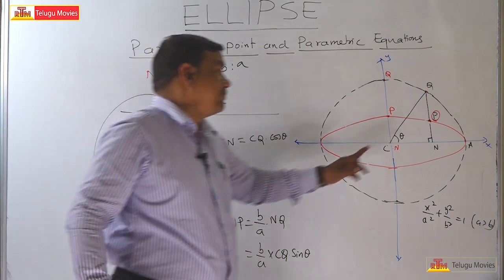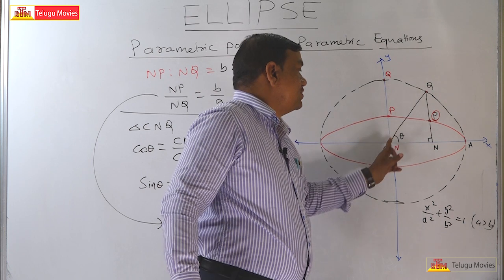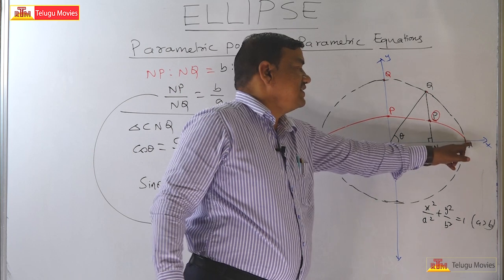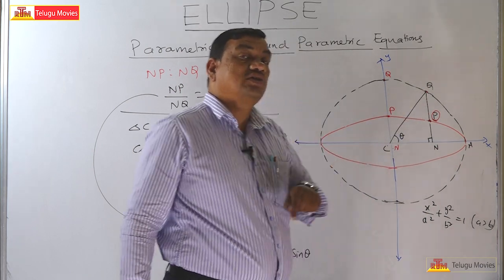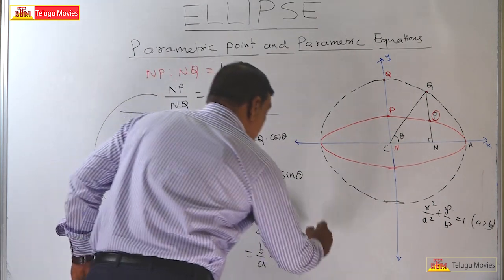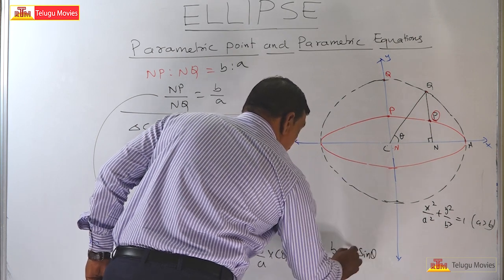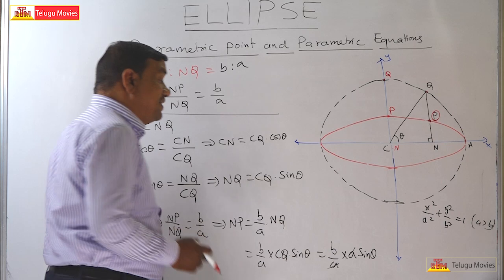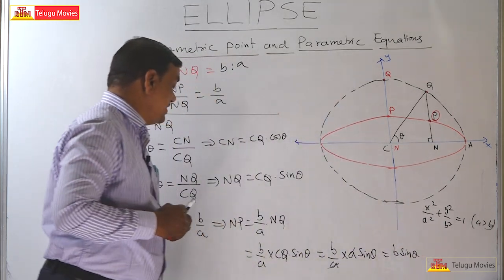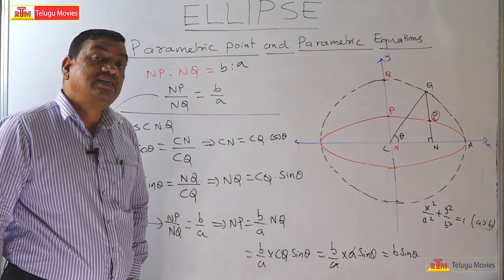CQ and CA are both the same, because Q lies on the auxiliary circle. So CA length is a. Therefore this is nothing but b by a into a sin theta. The a's get cancelled, so we get b sin theta. So NP is equal to b sin theta.